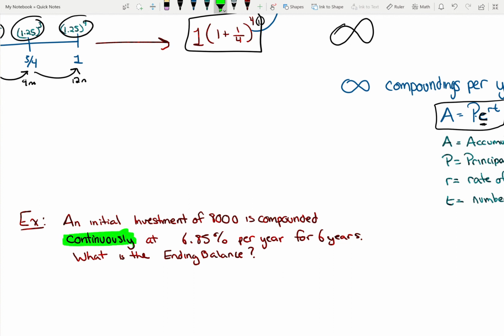Anytime you see the word continuous, this formula should pop up right into your brain. There's two instances in this class that you'll use this formula. One is for population growth, which we'll talk about once we talk about logarithms. And the other one is continuously compounding investments. So the key word here was continuously compounding or continuous. So we're going to use this guy.